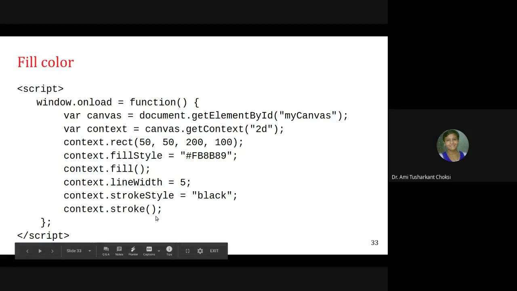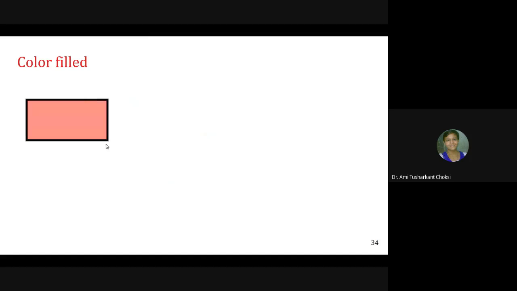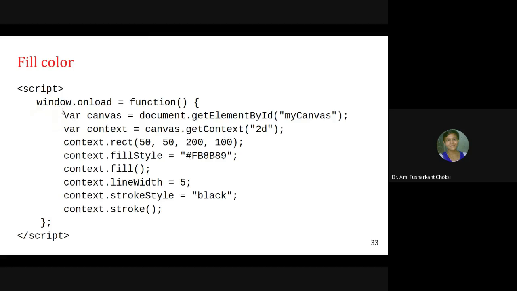So, what will it give us? It will give us a rectangle like this, where the rectangle border is of black color and its width is say 5. What else? The color that we have specified here, FB8B89.